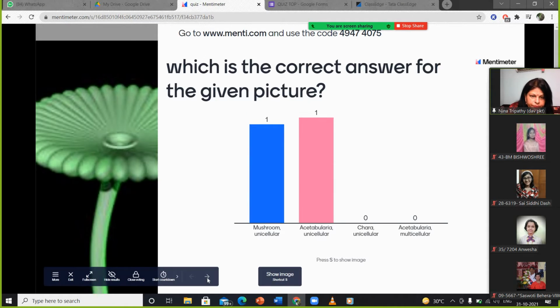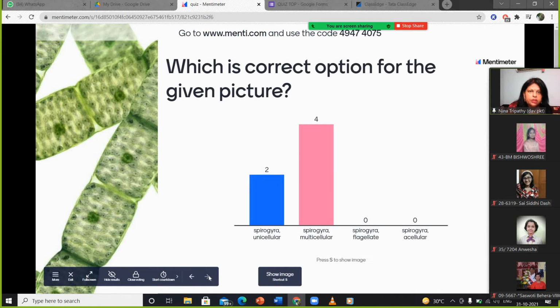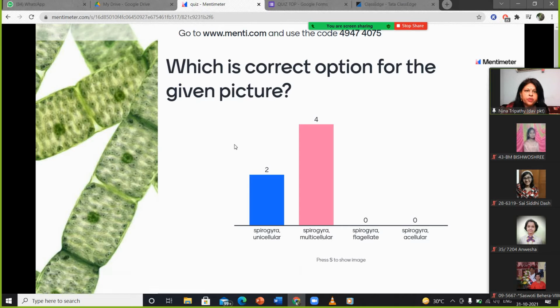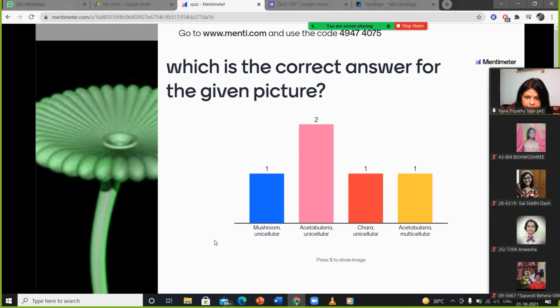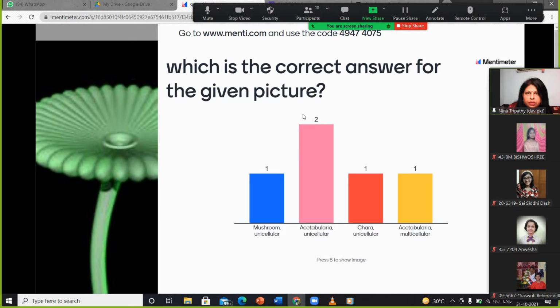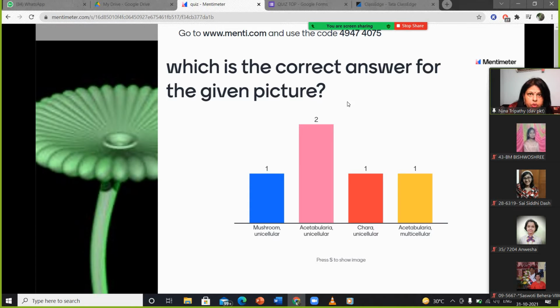Then the next one. Which is the correct option for the given picture? This one also. So the answer is Spirogyra and multicellular. The previous answer was Acetabularia and unicellular. Okay, good. Then next one will go.